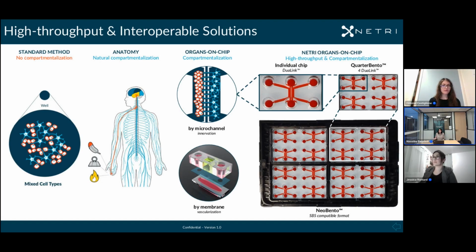So you have a middle well in yellow, where you can harbor and culture, for example, a brain organoid or other organoids, in fact. On the bottom, you have a perfusion reservoir, where you can perfuse different drugs, or even culture endothelial cells and that way mimic the vascularization of your organoid.